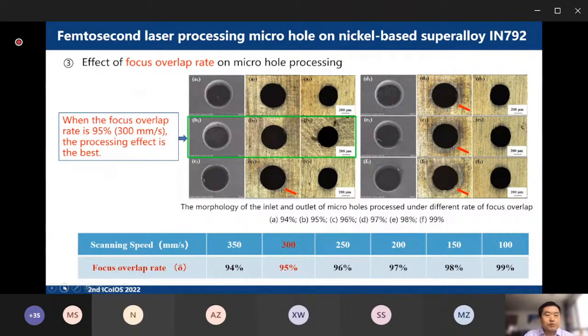And the focus overlap rate we also optimized. 95% at 300 millimeter per second is the best compared with the others. So next, please.